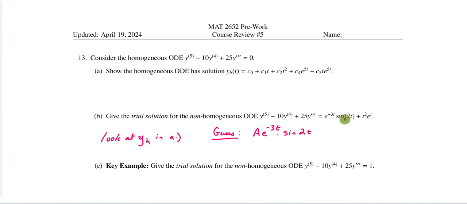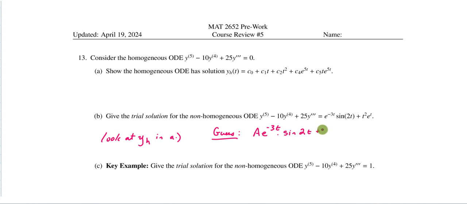But what else could happen? As I'm taking derivatives, if I'm doing my product rule, I do the derivative of the first times the second. Sure, that's what I've captured here, but I could also leave the first factor alone and take the derivative of the second, following the formula for the product rule. What shows up when I take the derivative of the second factor? In this case it would be 2 cosine 2t, or if I take the derivative again, I get a minus 4 sine 2t, and then taking the derivative again, cosines and sines start to alternate.